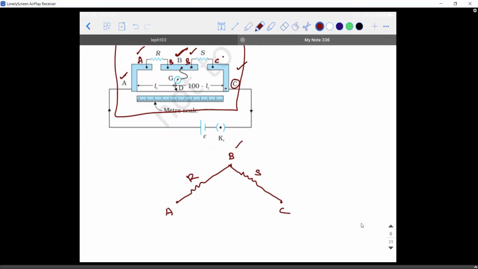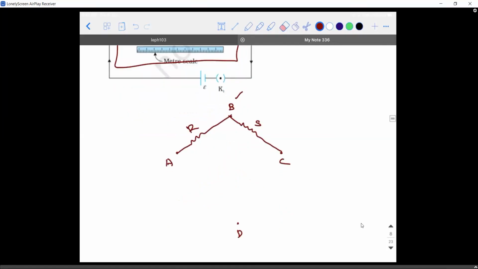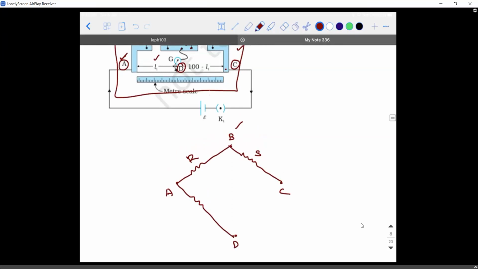Similarly, between A and D, there is a wire. When I say a wire, that wire is going to have some resistance. There is a wire whose length is taken as L1. If I take the resistivity of this material as rho, then the resistance of this is going to be rho L1 divided by A. Clear?